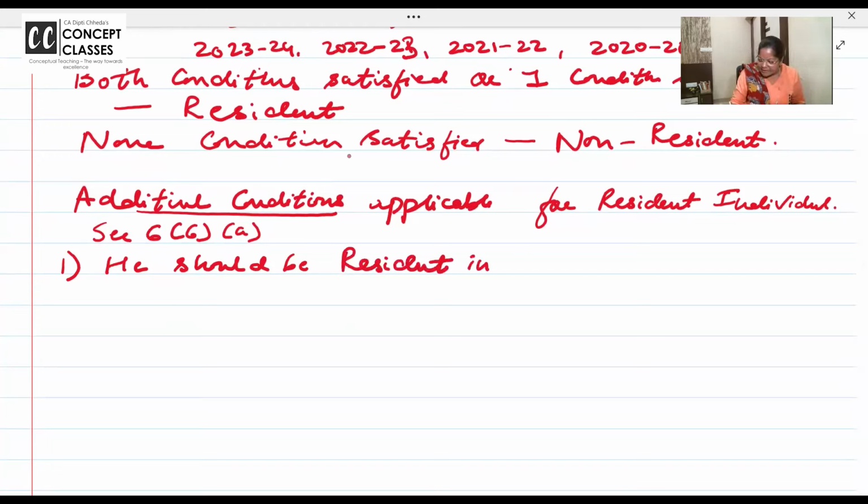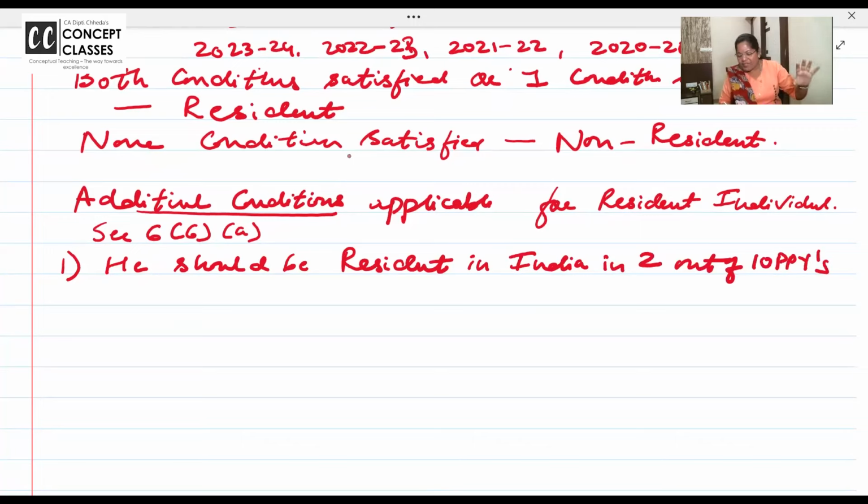He should be resident in India in 2 out of 10 PPYs. Out of 10 preceding previous years, any 2 years, he should be resident in India. Any 2 years.